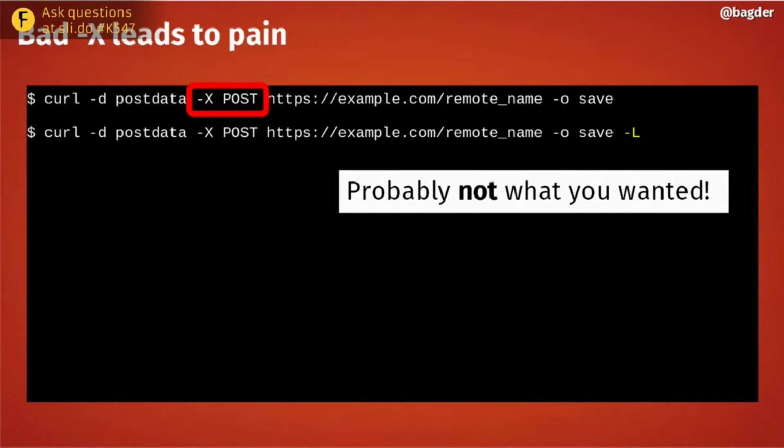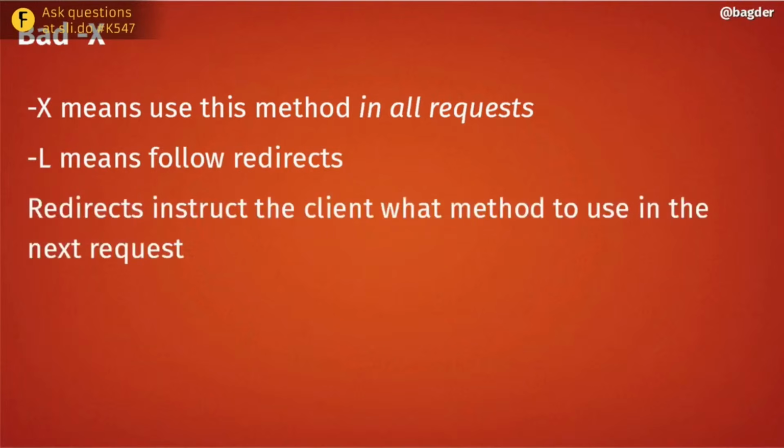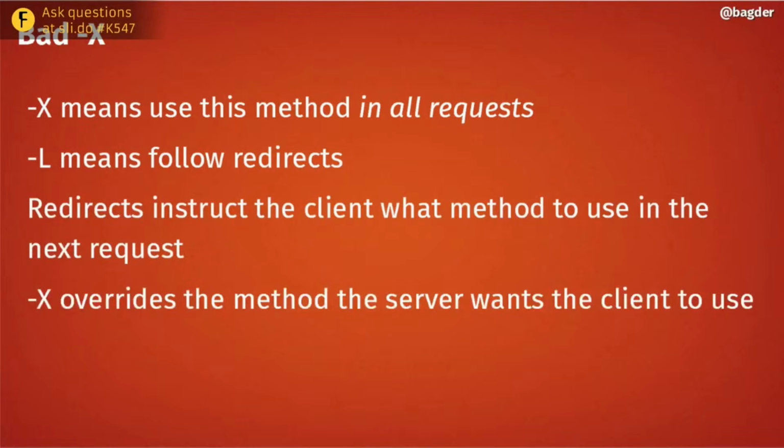So basically avoid it. It means that capital -X will use that method in all requests, even when it follows redirects. Otherwise, the redirect code will tell curl what method to use, and -X will override that, and you will be sorry and unhappy, and it'll not work the way you want it to.